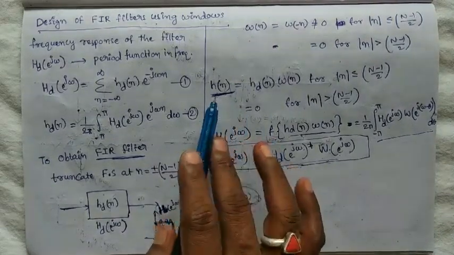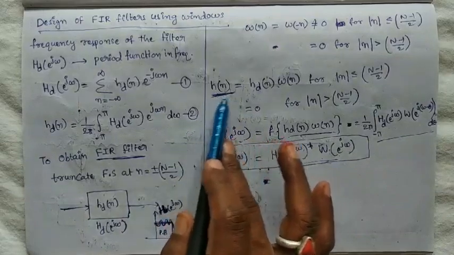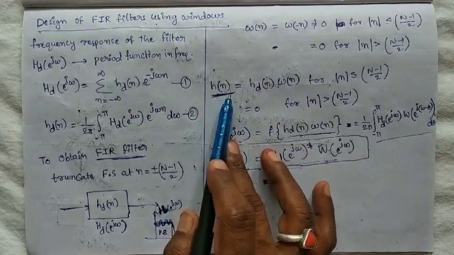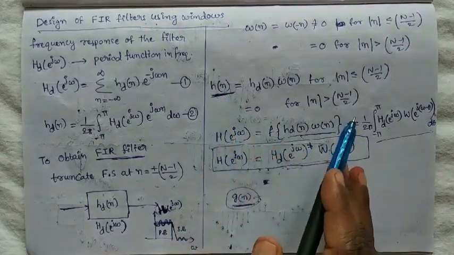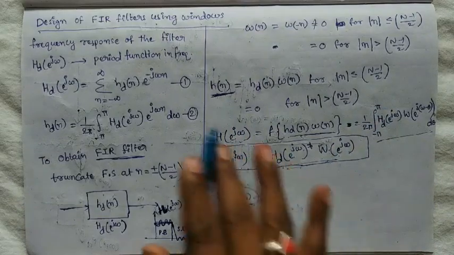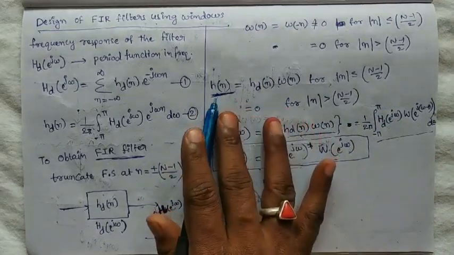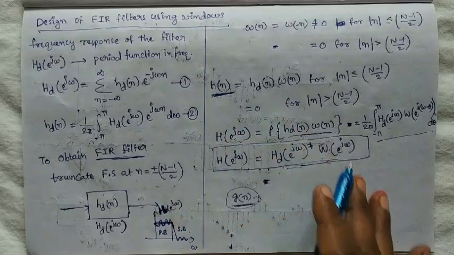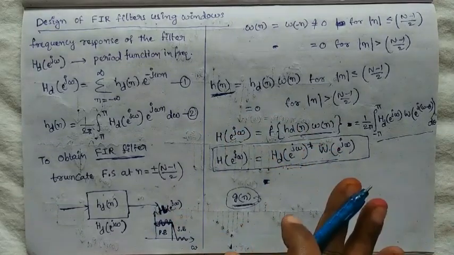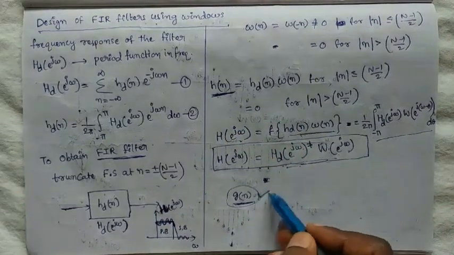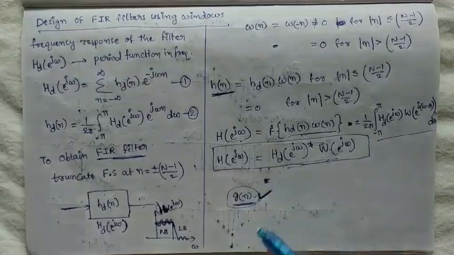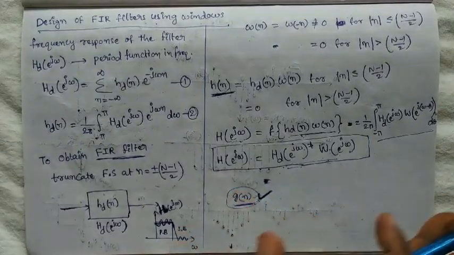We are shifting this h of n right by (N minus 1) by 2 samples, using the shifting property. That sequence is the impulse response of the FIR filter.